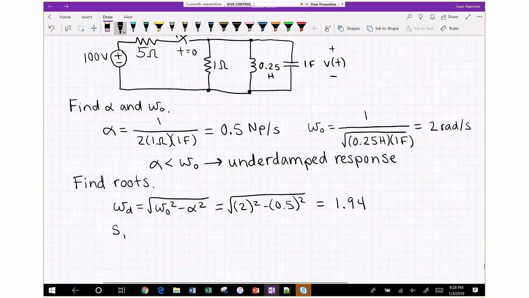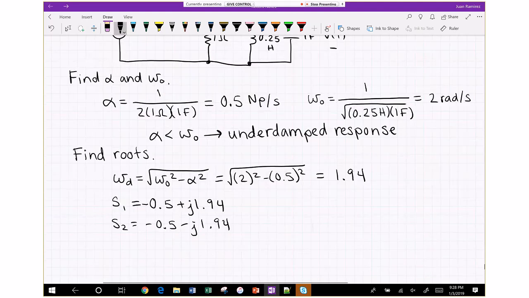If you're really careful, you could also find the roots. In this case, they actually don't really do much for us, but let's do it anyway. So it's negative alpha plus j omega d, and negative alpha minus j omega d.